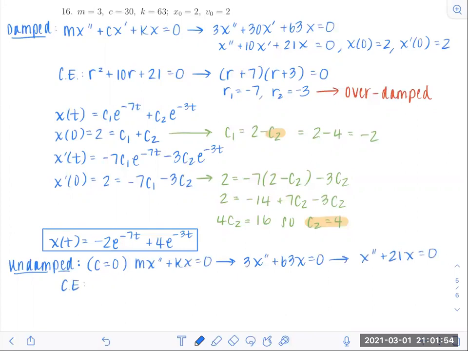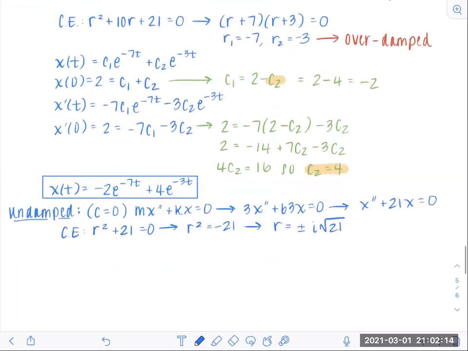So our characteristic equation is r squared plus 21 equals 0, or r squared equals negative 21. And so I get r equals plus or minus i square root 21. Now we can plug this into our x of t formula.